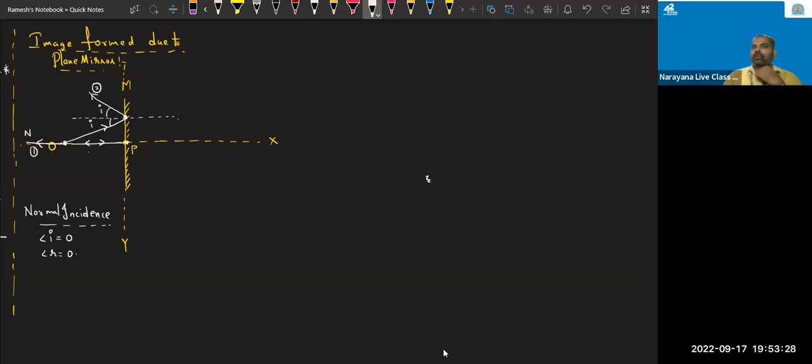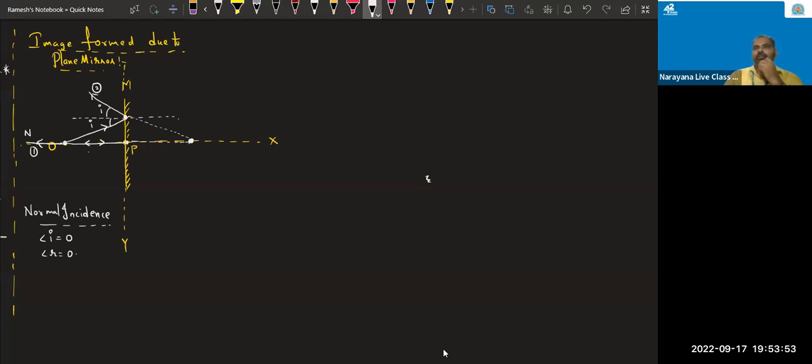Do they meet really? They do not meet really, but they will meet virtually. Yes or no? If you extend these two light rays like this, they will meet, but not really. The point where the reflected light rays are meeting apparently, or not truly.